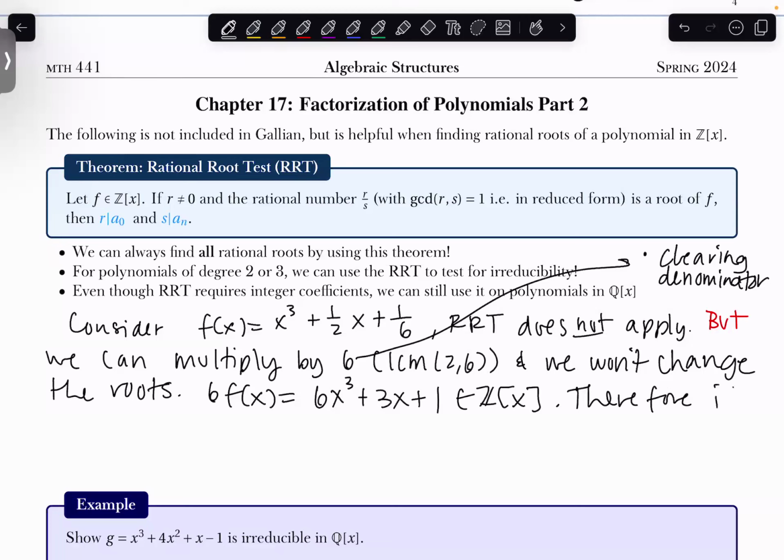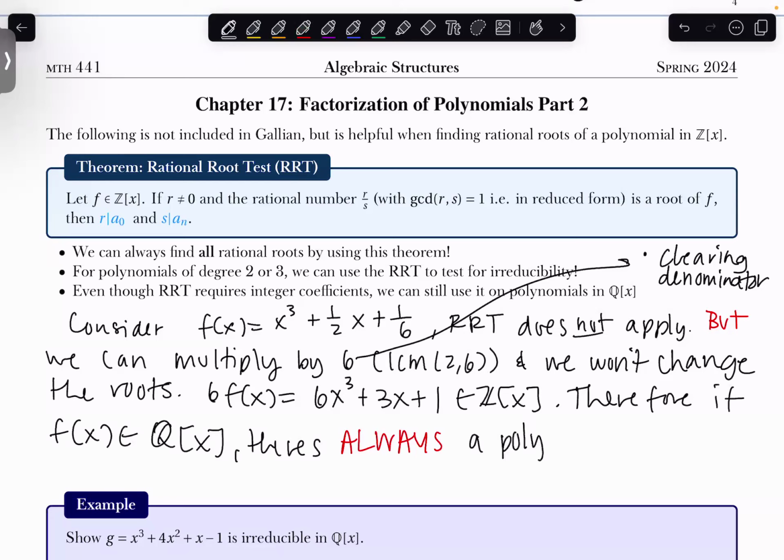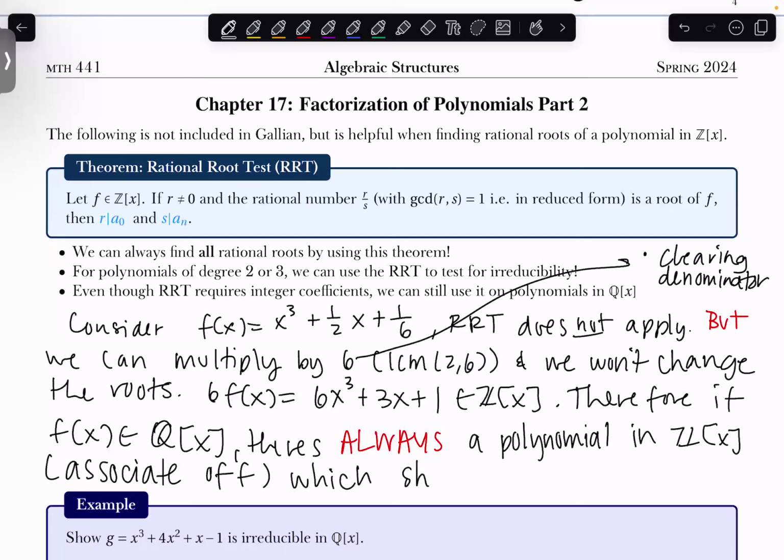So if we have a polynomial with rational coefficients instead, there's always going to be some polynomial in Z[x], an associate of f, which shares roots.